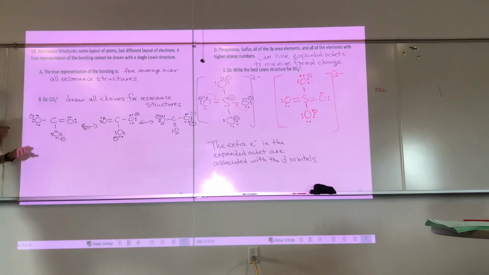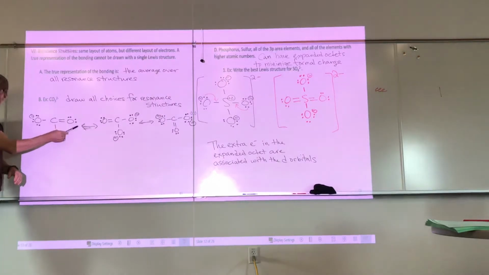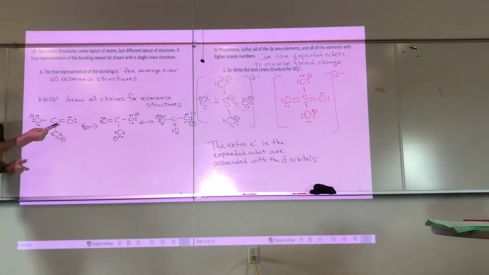In fact, just while I'm here, there's no correct positions for these two pairs of electrons. You can put them in any of the positions. You can even put one up here and one down here once we talk about shape, as long as you have the correct number in pairs around each atom.